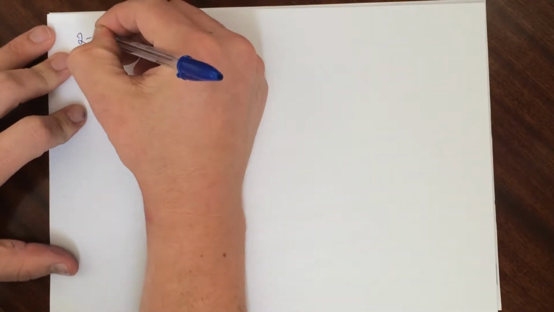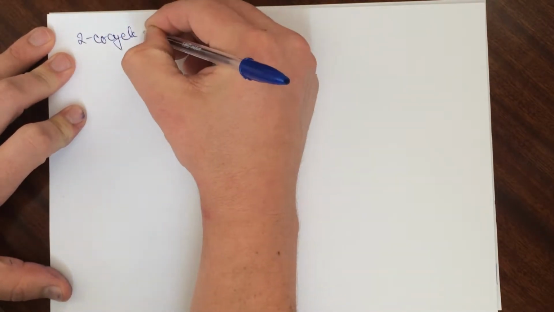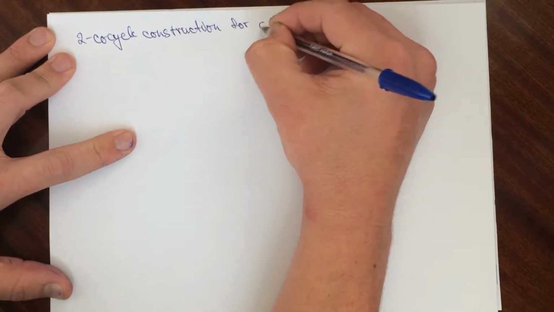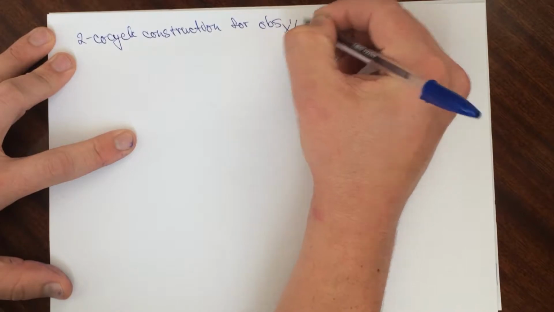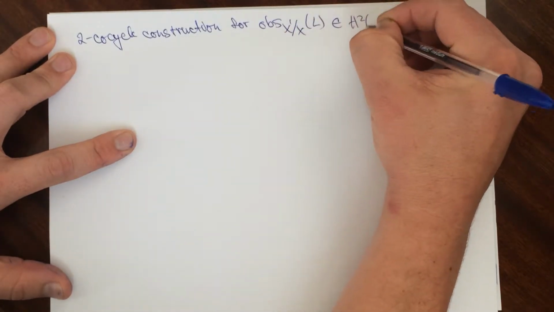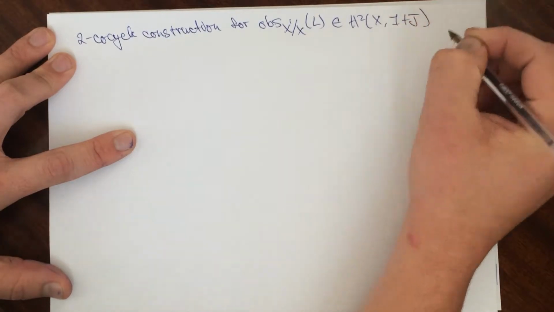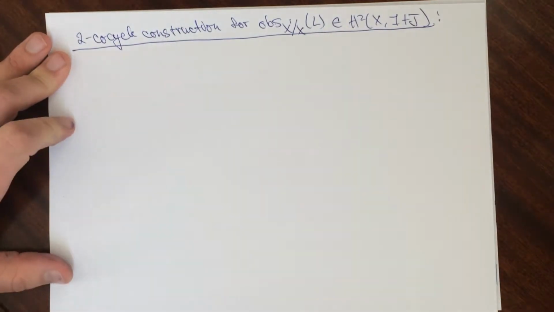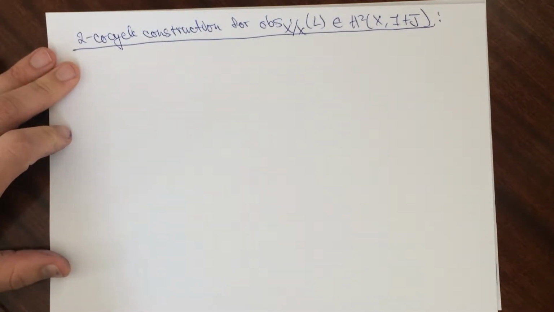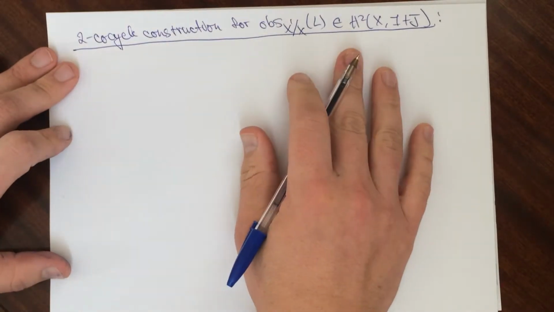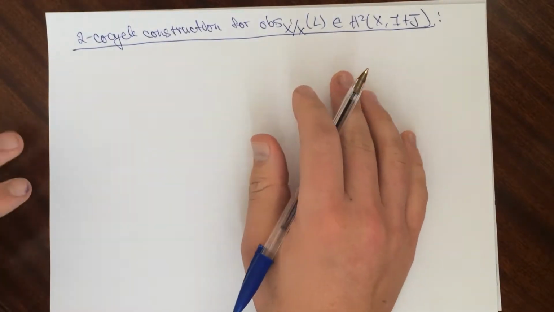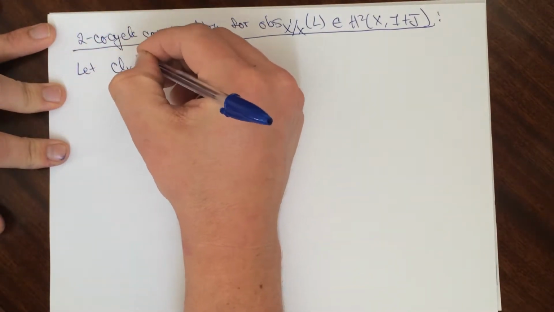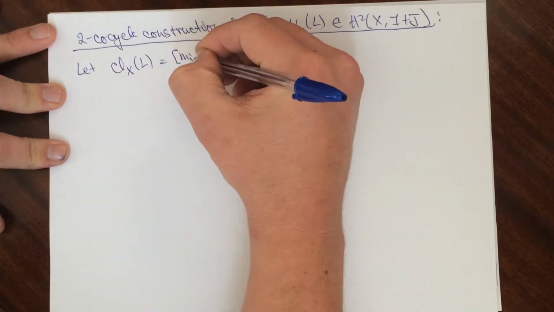So the 2-cocycle construction for this class, which lives in H2 of X, 1 plus J. So okay, what we're going to do is I'm going to take, so let the cocycle of L be Mij here.